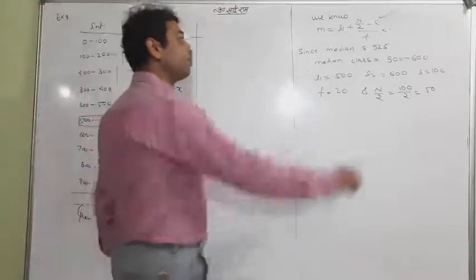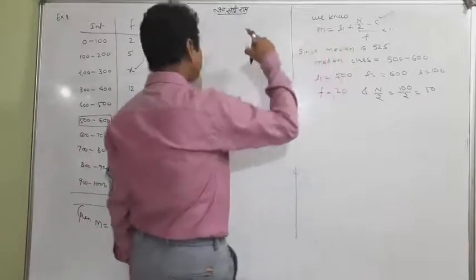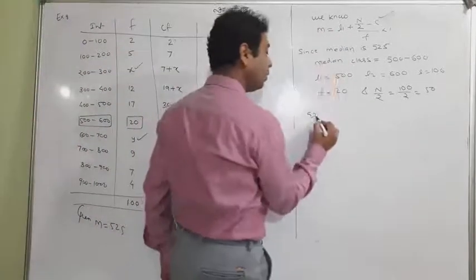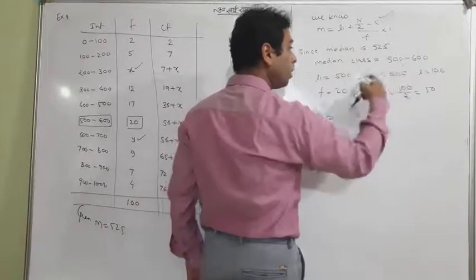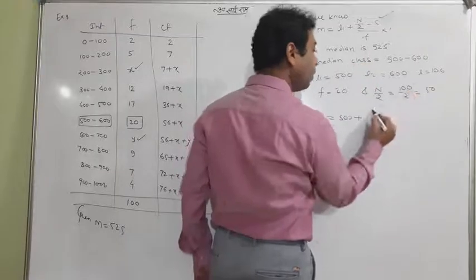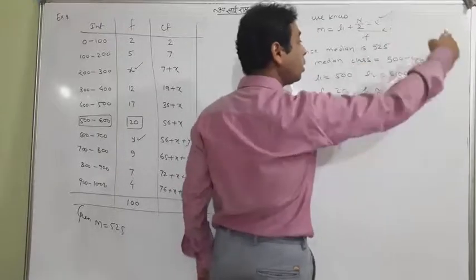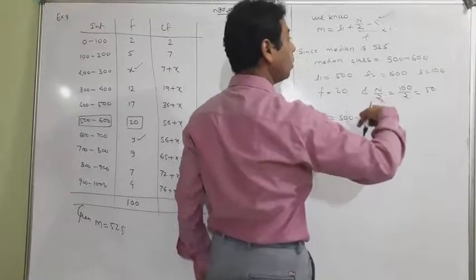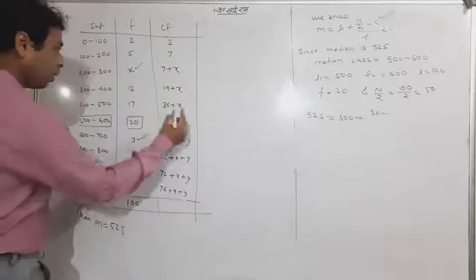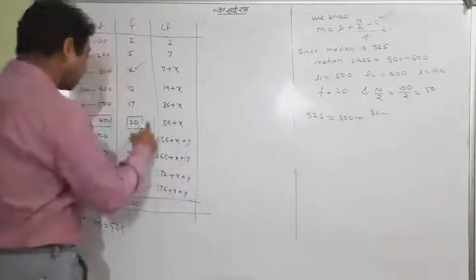Keep in mind, now the median is 525, so I'll write 525 here, equal to L1, which you got already as 500, plus n by 2, which is 50, minus C. C is the number just preceding this data. Try to understand it.